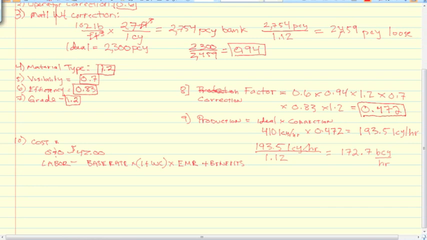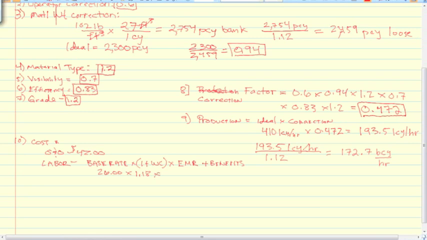So if we punch all the numbers in for that, going back up to the problem, the base rate was 26. We're going to multiply that by the workers' comp, in this case 18%, or 1.18. If you were to punch in just 0.18, then that would make the labor rate smaller, and that just doesn't make sense logically. You should know that workers' comp insurance is going to be a cost, so make sure it's 1.18.